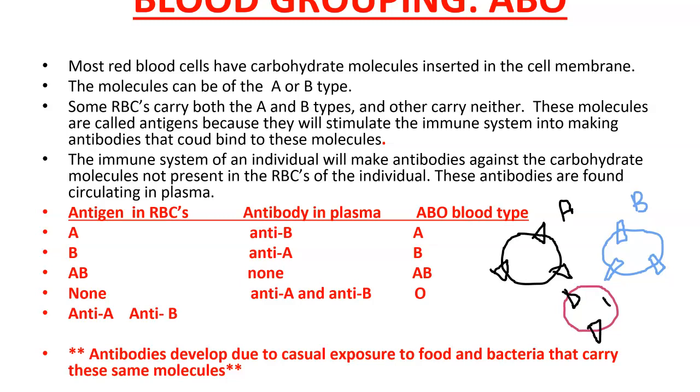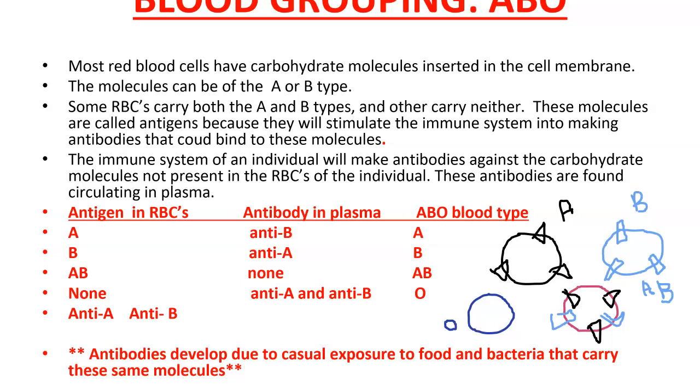We say that these individuals carry the blood type AB. Yet there is another group of people who carry neither of these carbohydrates on their surface. We call these group O.